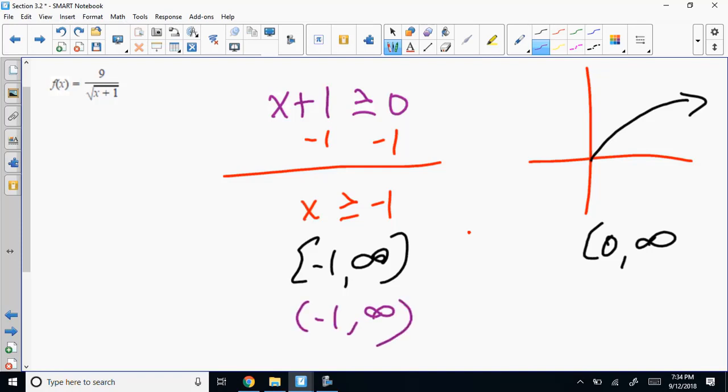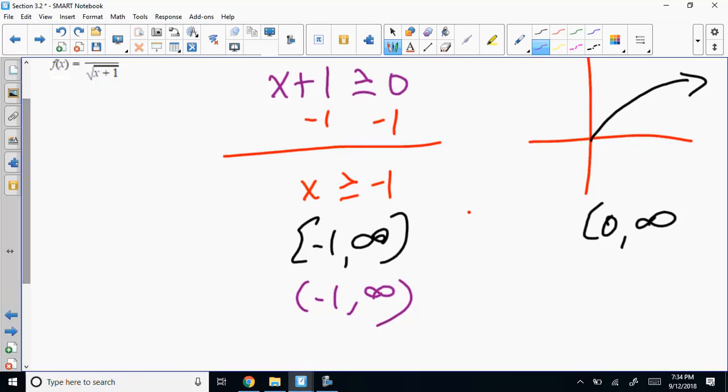Now, I'm curious on how they're going to take this in the computer. If they're going to account for that restriction or not in the domain. If they don't account for it in the domain, then you're good with the bracket, right? But they should. Does that make sense why they should?